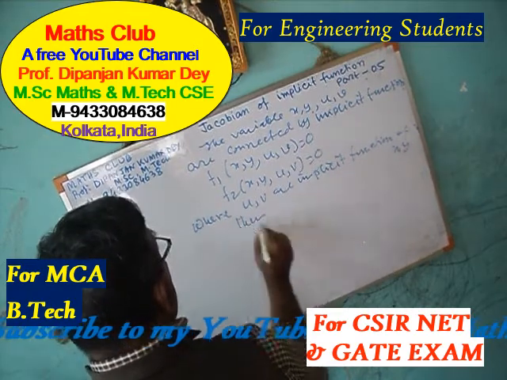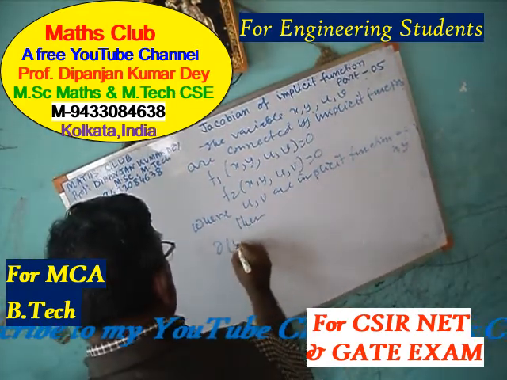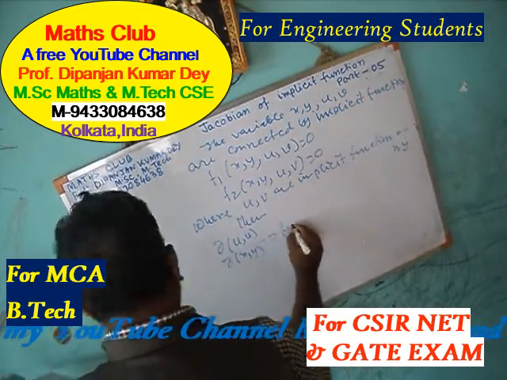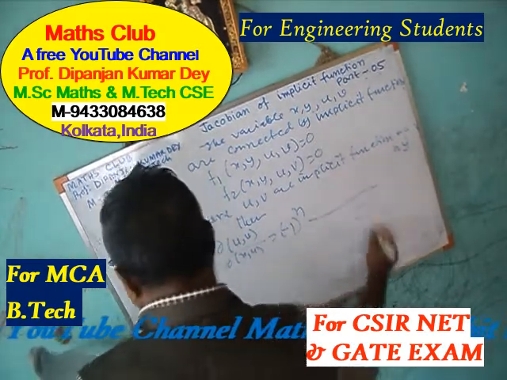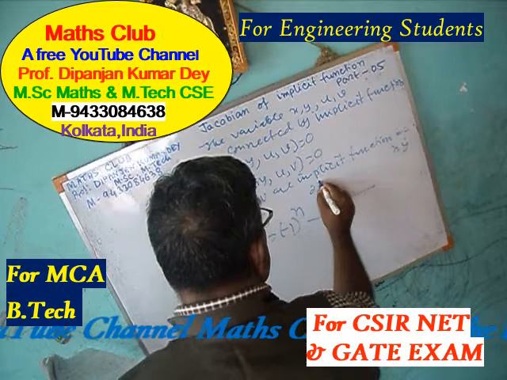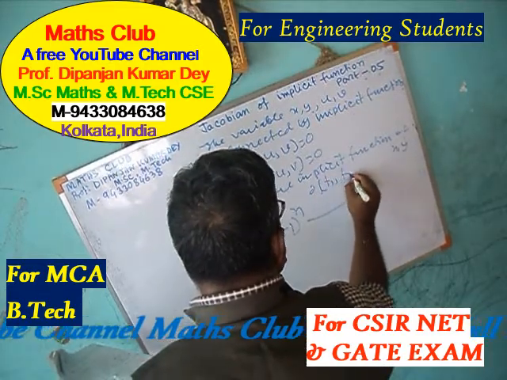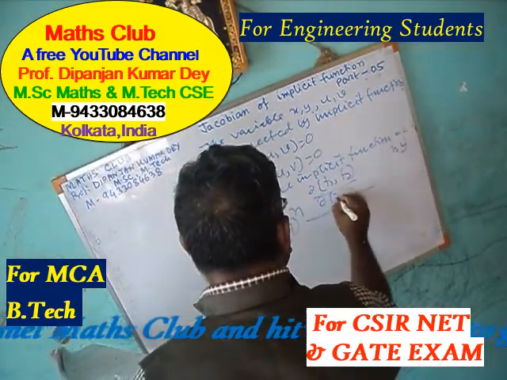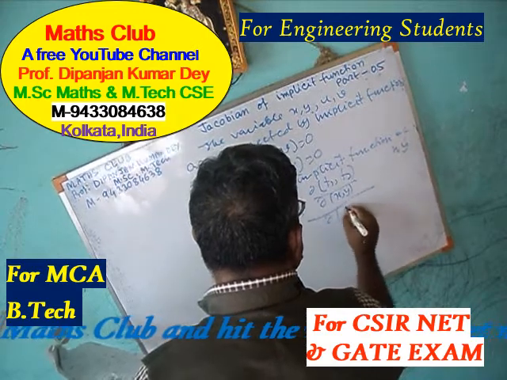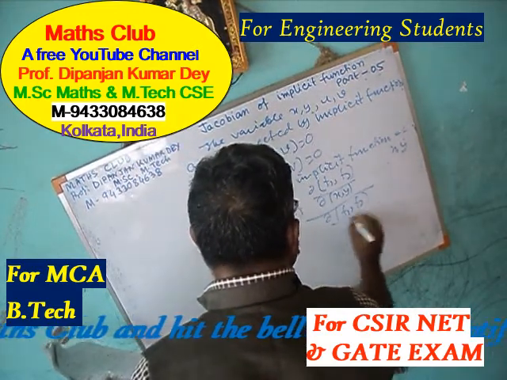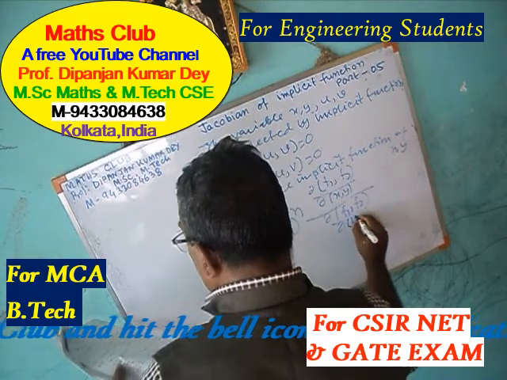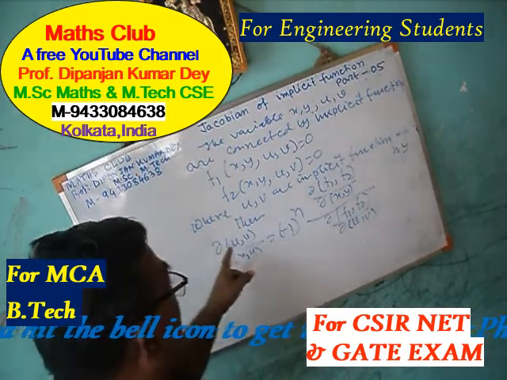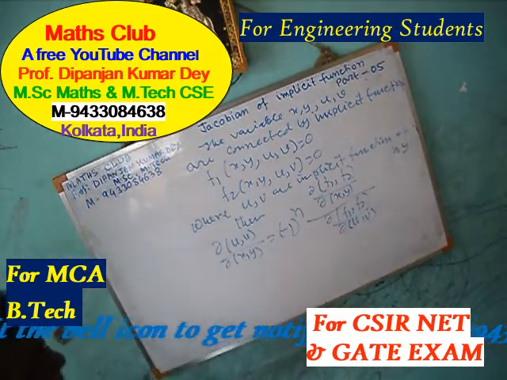Then according to the Jacobian, del(u, v) by del(x, y) is equal to minus 1 to the power n, del(f1, f2) by del(x, y) into del(f1, f2) by del(u, v). Because if we take this by this into this by this, that means del(u, v) by del(x, y). Minus 1 to the power n.